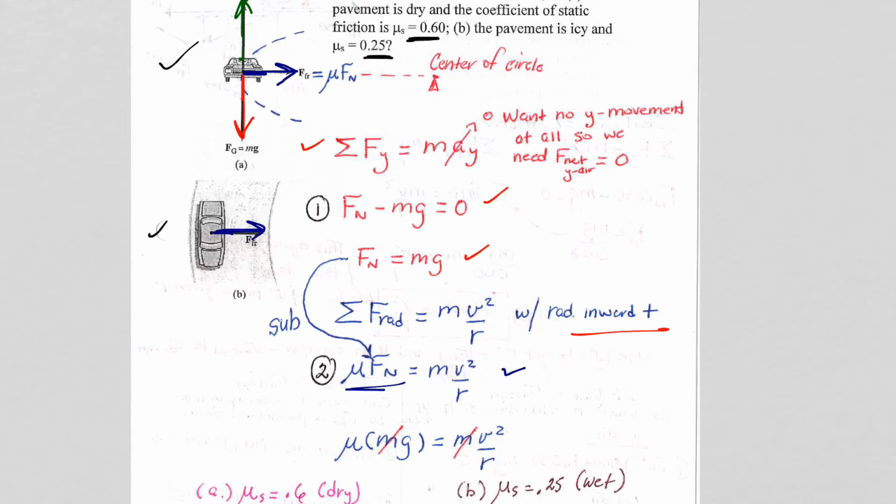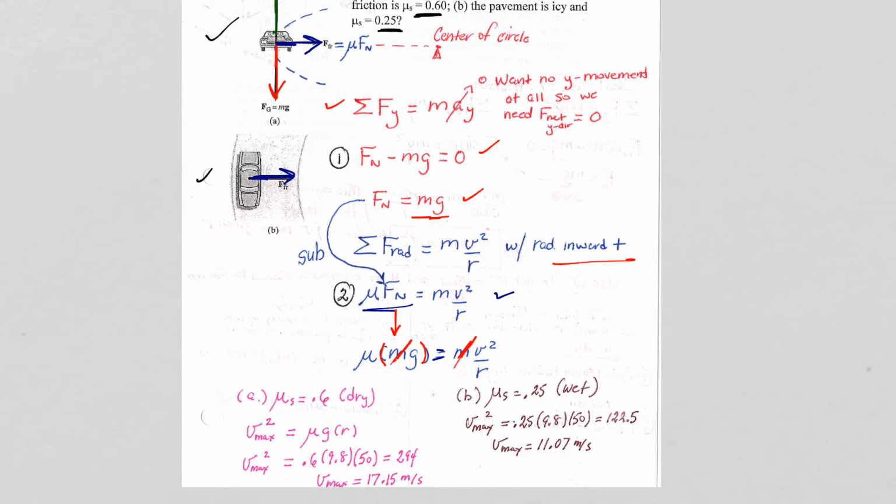We substitute in mg for the normal force, so we get mu times mg equals mv squared over r, and the m's cancel out. That's a good thing, because all they have to post is a speed limit for the road, not a mass requirement. It doesn't matter whether you have a large truck or a small light car; mass does not come into play in the maximum speed you can go around the bend.